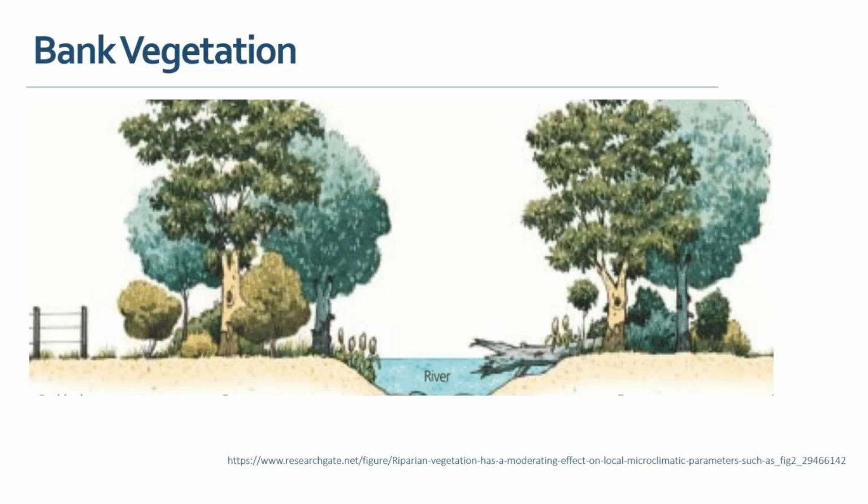The next question is about bank vegetation. So this illustration shows the trees, the shorter woody growth like shrubs, and non-woody plants like grasses, flowers, things like that. And ideally, you will have a variety of all three types.